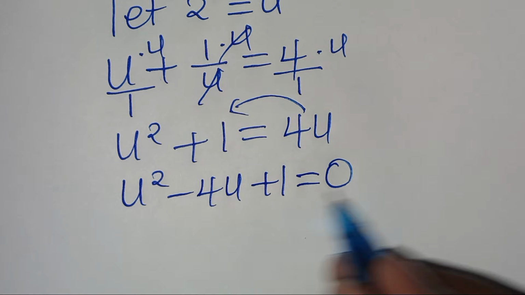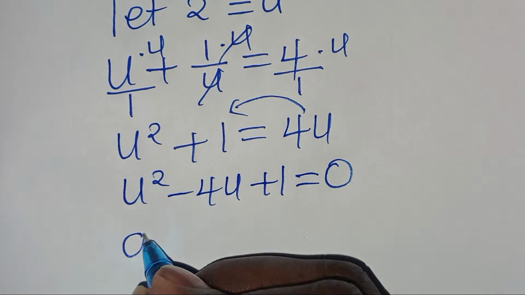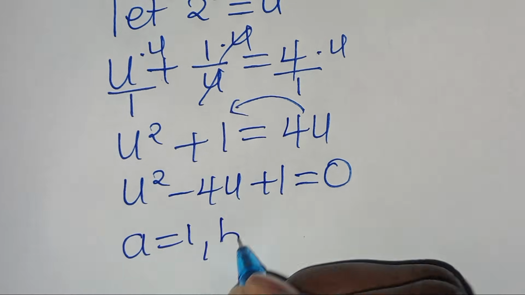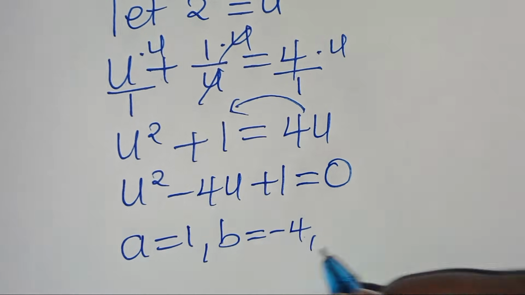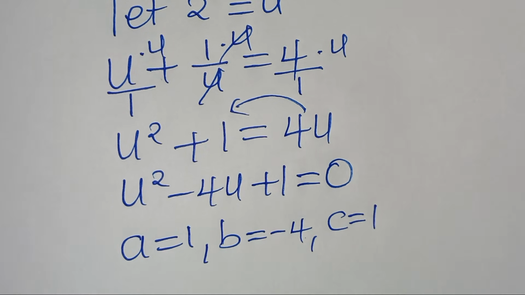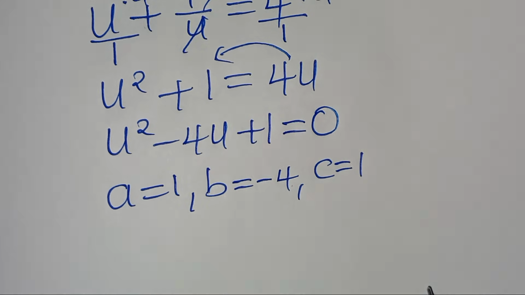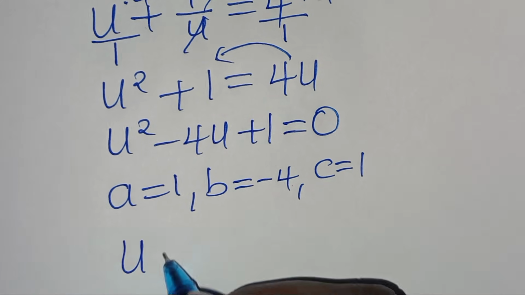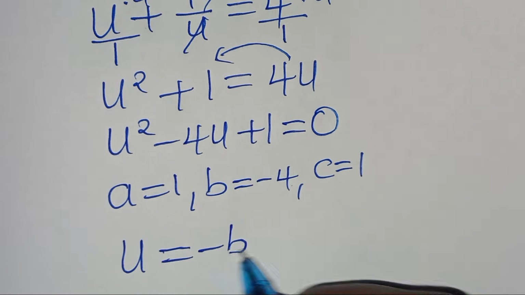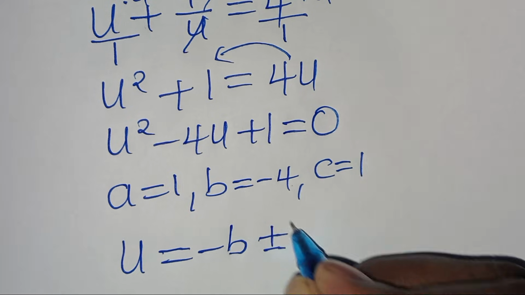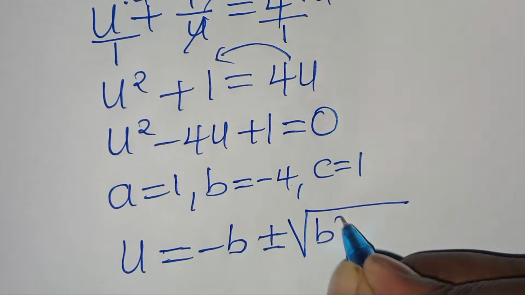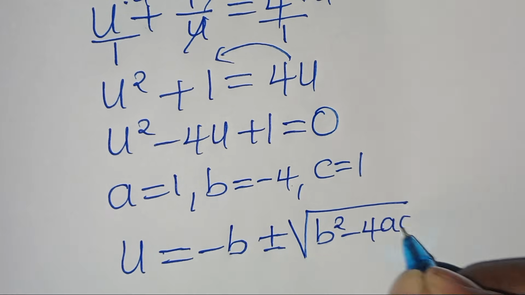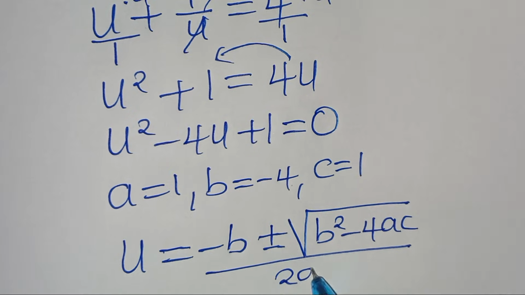So this is a quadratic equation where a is equal to 1, b is equal to -4, and c is equal to 1. Now we can solve for u by applying the quadratic formula, which is minus b plus or minus the square root of b squared minus 4ac, divided by 2 times a.